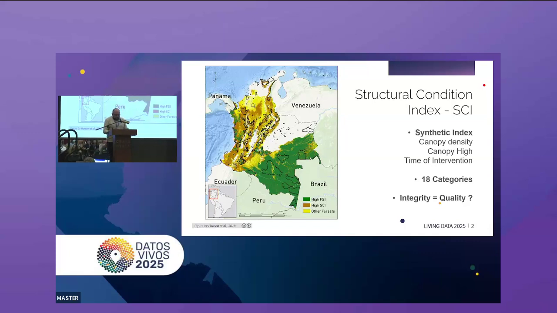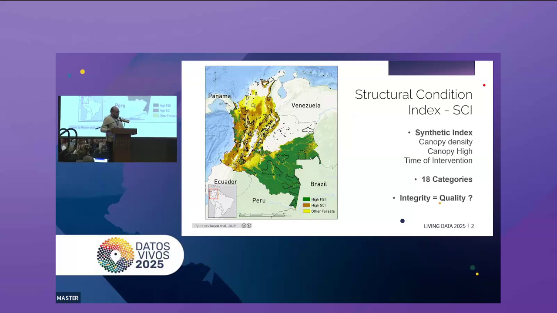So one of the tools that we use to extract data about ecosystem integrity is remote sensing data, especially in those areas where field work is really difficult and the data gaps are so relevant.